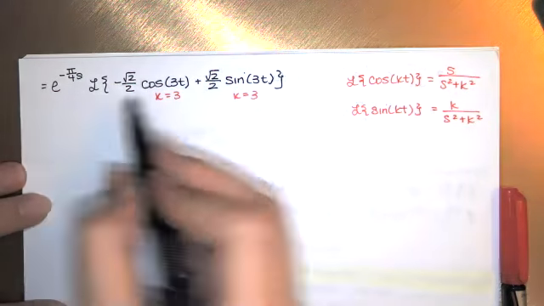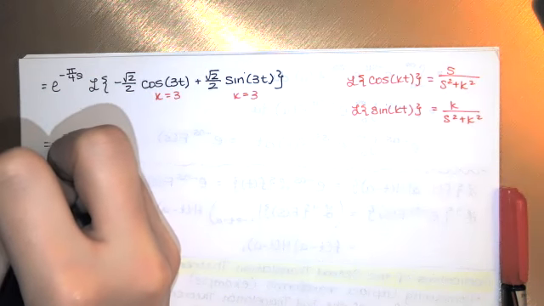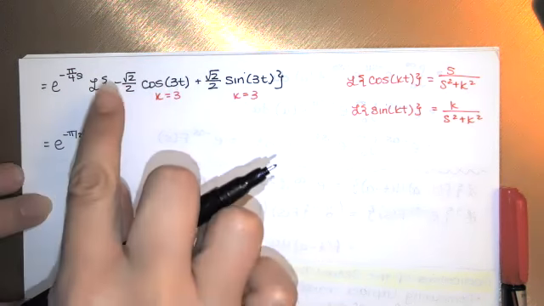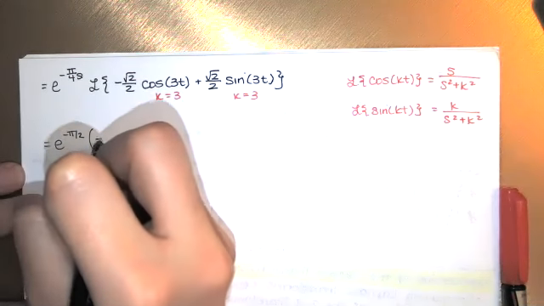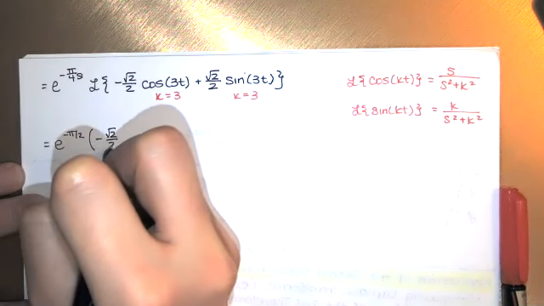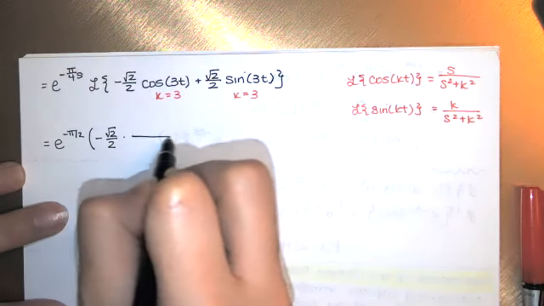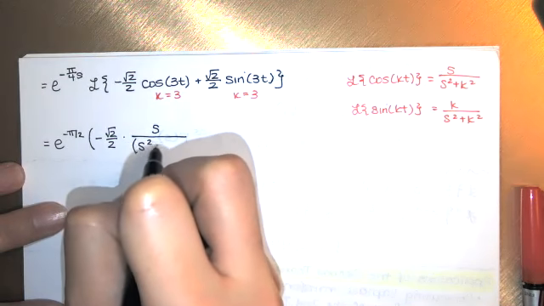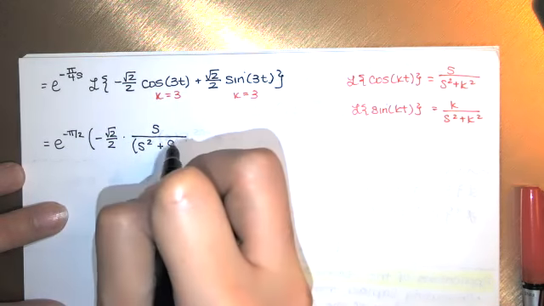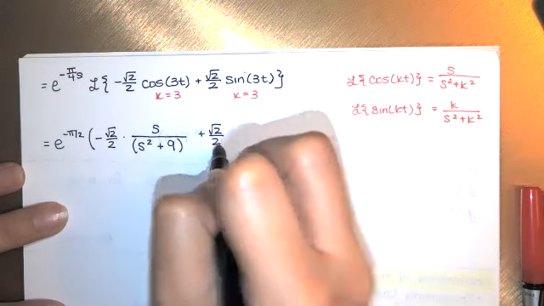And we've got a linear combination of these, so the Laplace transformation operator will apply term by term, and then we can factor out the constants. So we'll get negative square root of 2 over 2 times the Laplace transform of cosine of 3t. So it's going to be s over s squared plus k squared. Since k is 3, that's going to be a 9. And we'll have square root of 2 over 2 here.